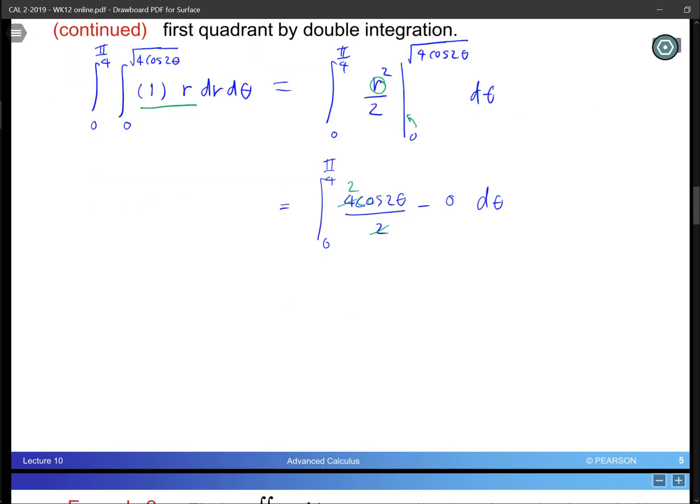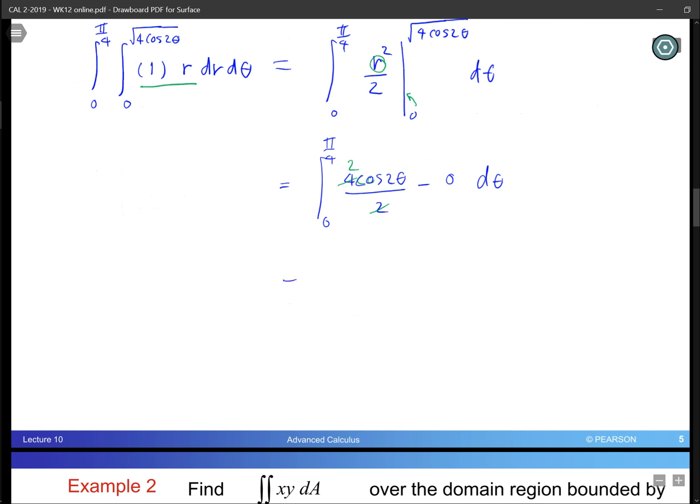Now let's continue with this. Integration of cosine 2 theta with respect to theta. Integrating cosine, you get sine 2 theta, but with the reverse chain rule, so you have extra 2 here. All right, and we also have the coefficient of 2 in front here.